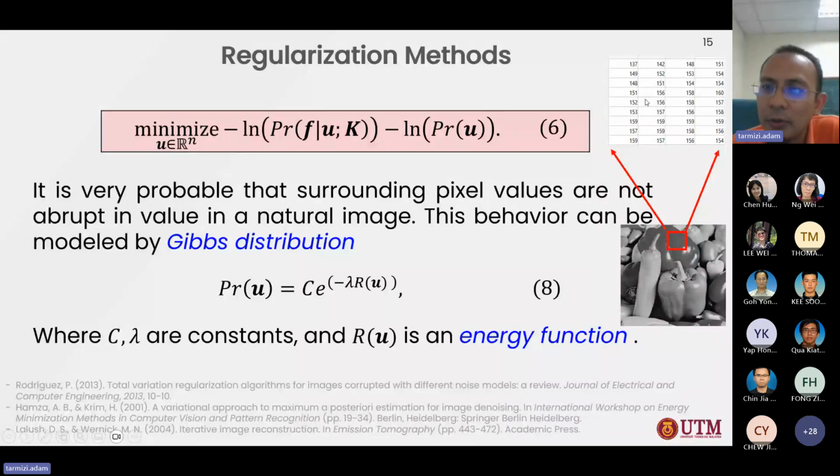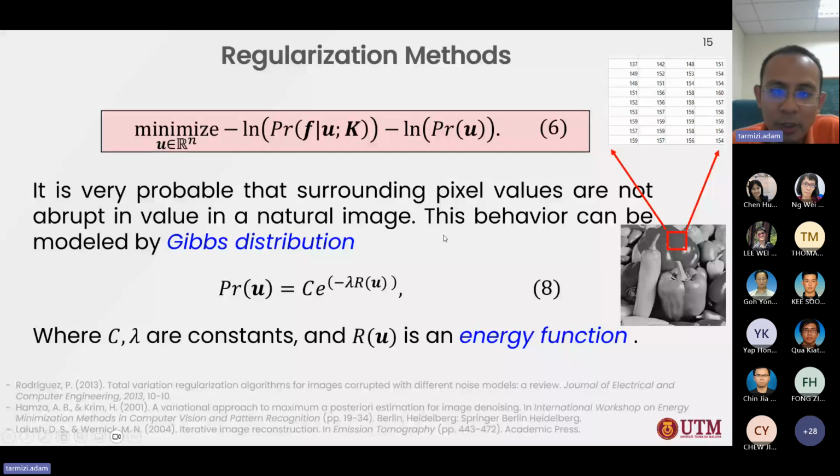That is modeled by this Gibbs distribution. So that's why this probability is this one, equation 8 over here, and R is some energy function.